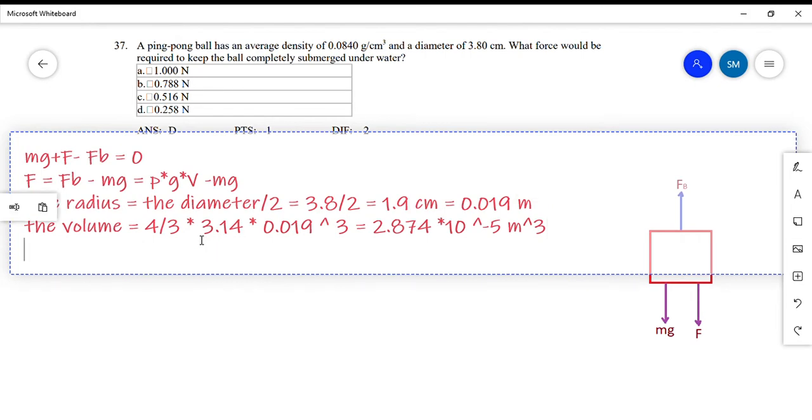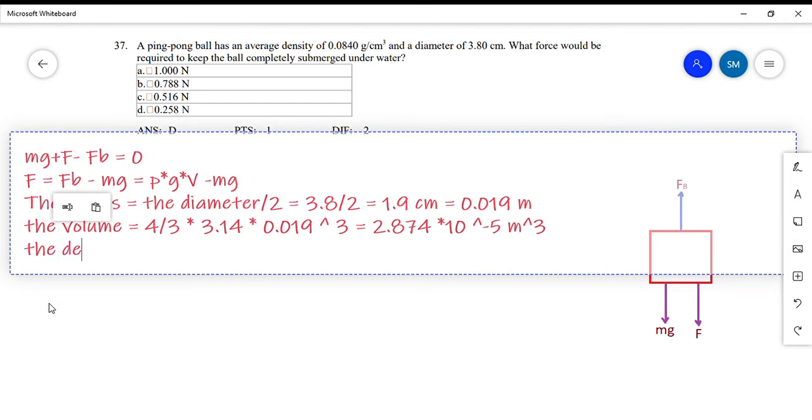and we have to know the mass to know mg. We know the volume and we know the density, but the density is in the unit of gram per centimeter cube, so we will convert it to kilogram per meter cube.